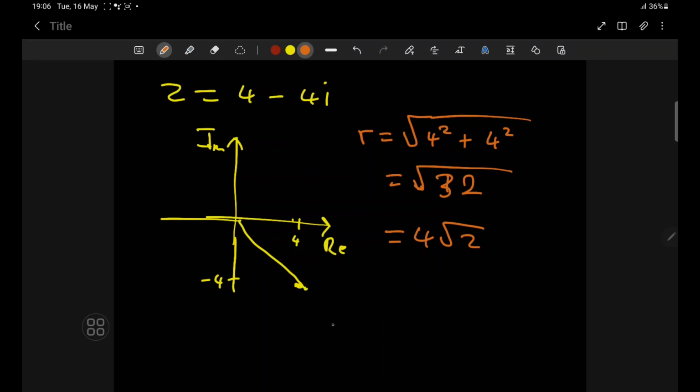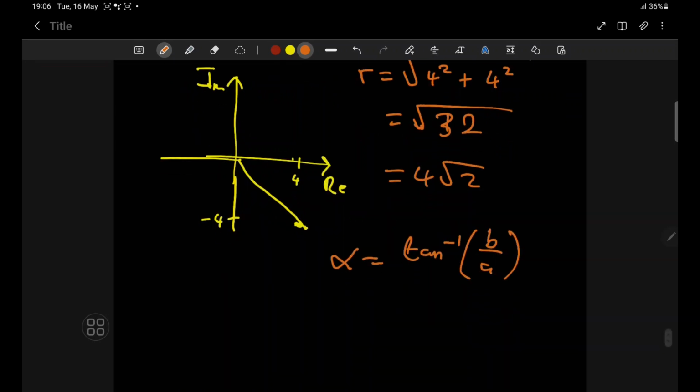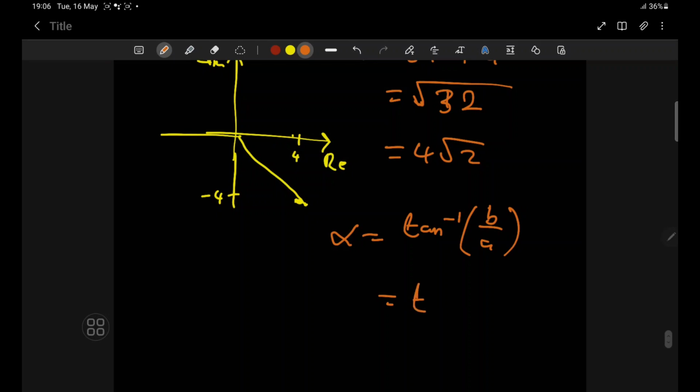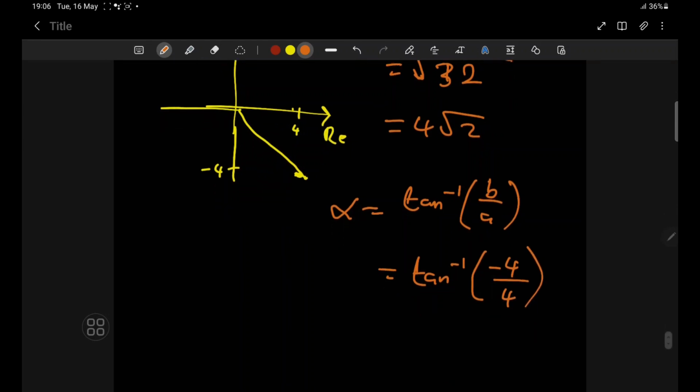Then we can also get our alpha by saying tan inverse of b over a. Our b is -4, and then we have 4 over there. So we have tan inverse of -1. The tan inverse of 1 initially is 45 degrees.